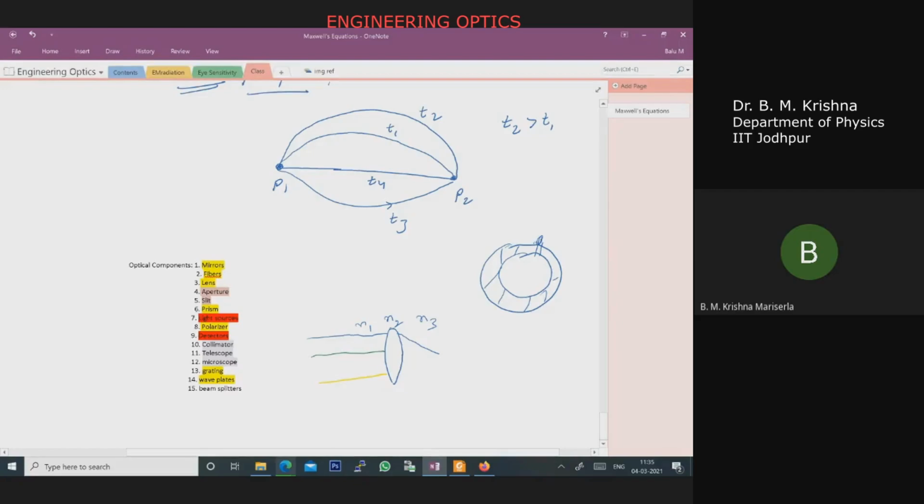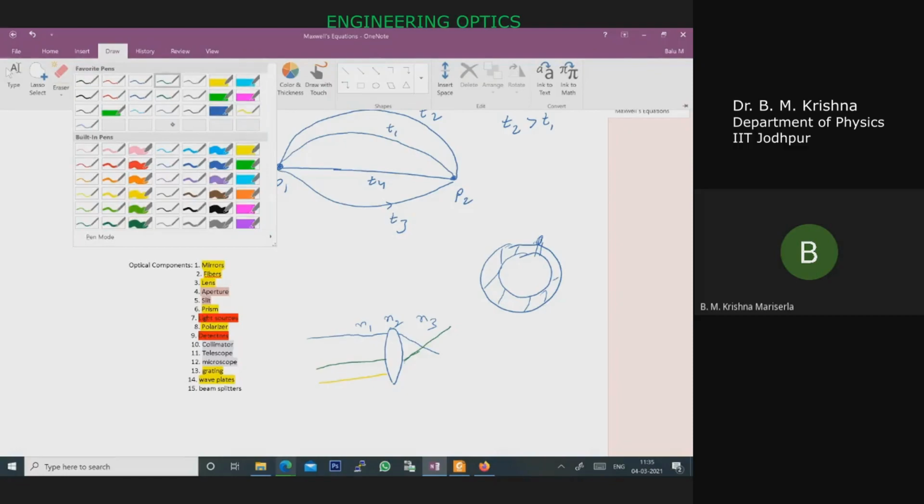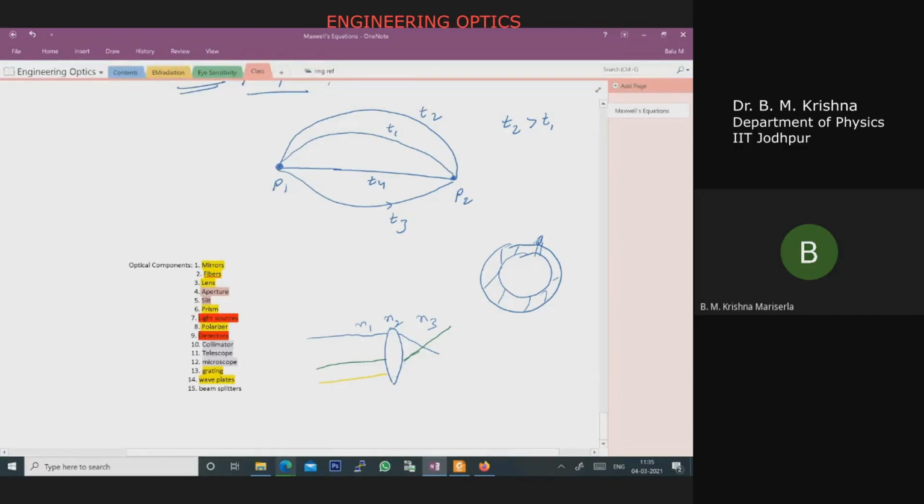Now the green light, taken somewhere away from the optical axis, focuses maybe at this position, and the yellow light, for example, at this position.